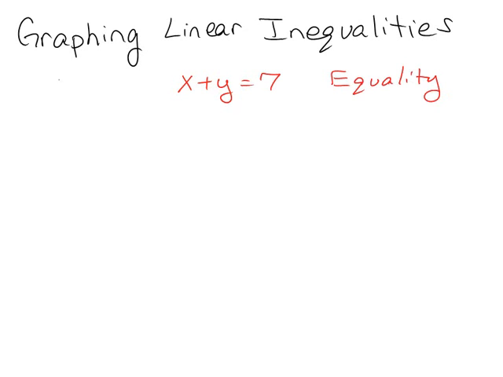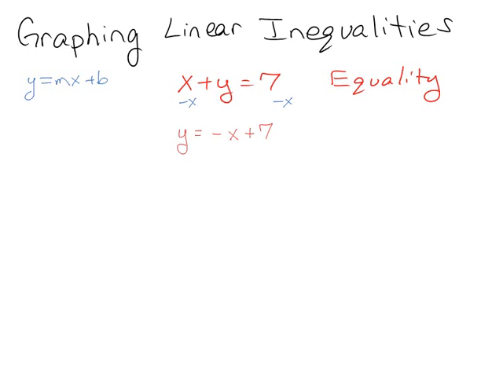So I know I want to get into this y equals mx plus b form, the slope-intercept form. So I want to get the y by itself. So I'm going to go ahead and subtract x from both sides. And that gives me y equals negative x plus 7.